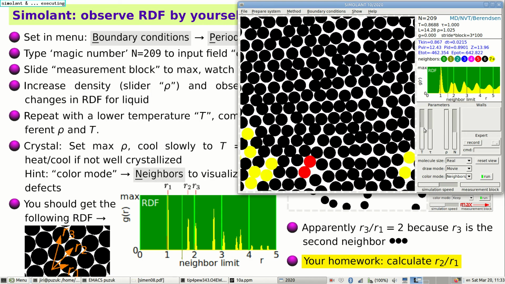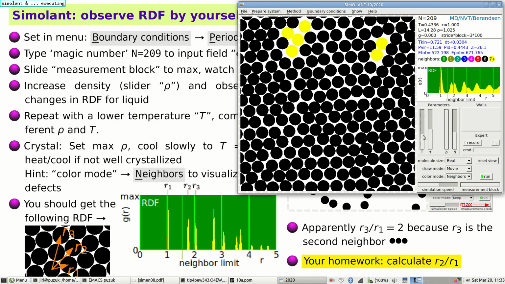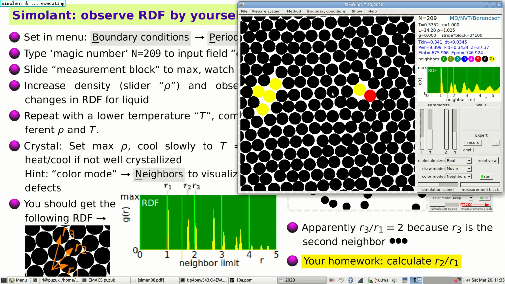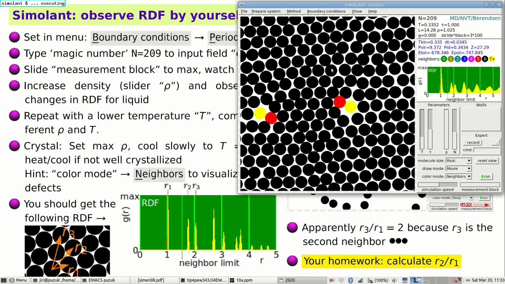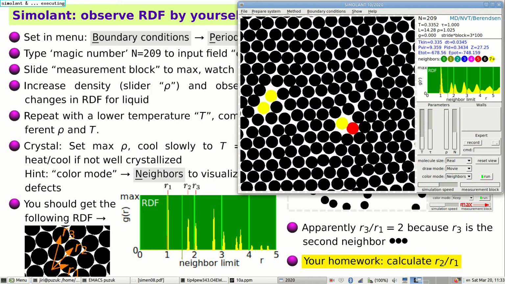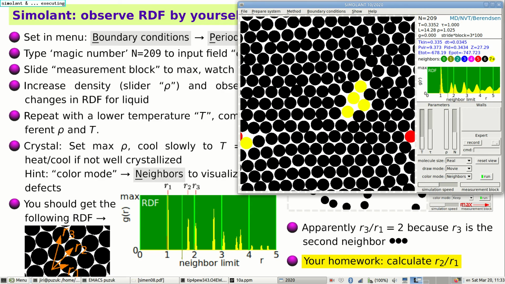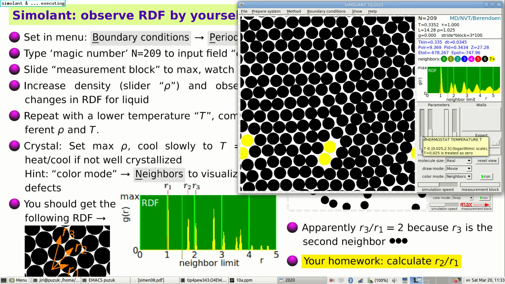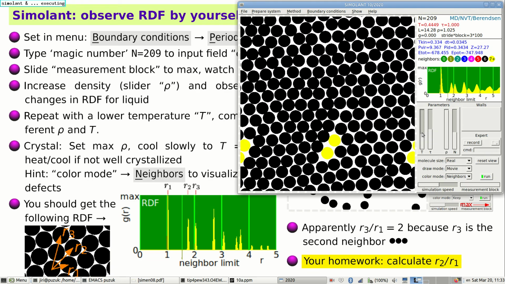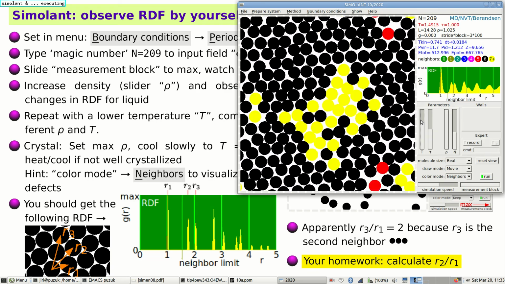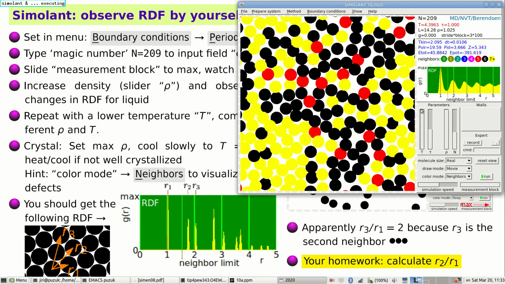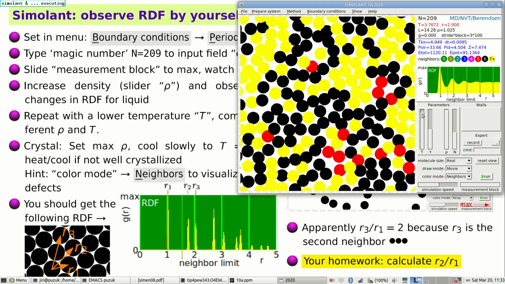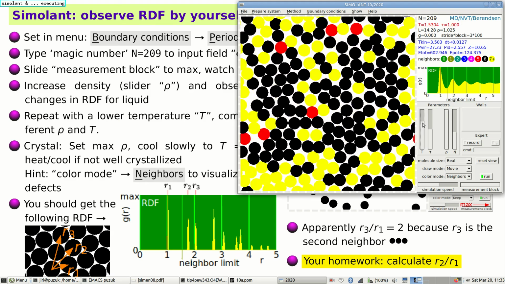So here still there is something irregular, and if I go with temperature below, it looks like there are two defects in the structure. So this crystal is not so perfect, but the number 209 means that there exists a case where it should crystallize without any defect, but it needs a bit of patience here.